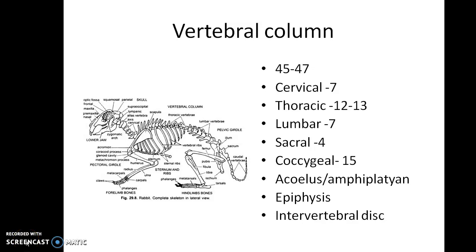The vertebral column of rabbit has 45 to 47 vertebrae in total.